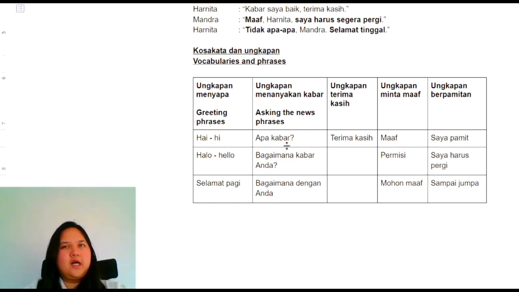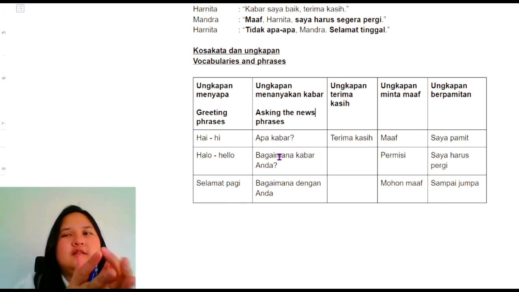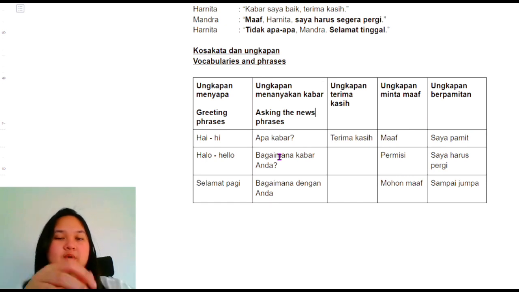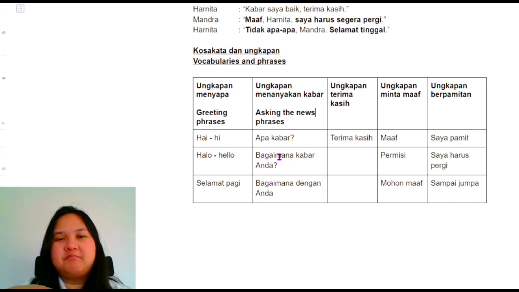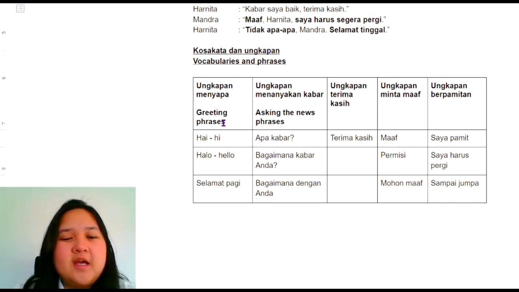So for example, what would you say in your own language for these, like what's going on? You can also comment how you would say that in your language and compare it with Indonesian.